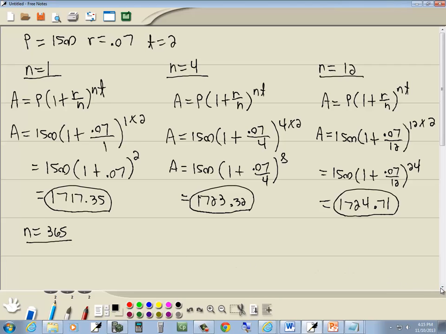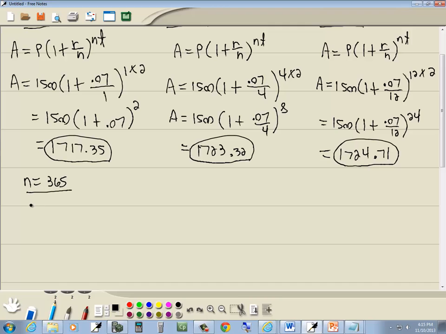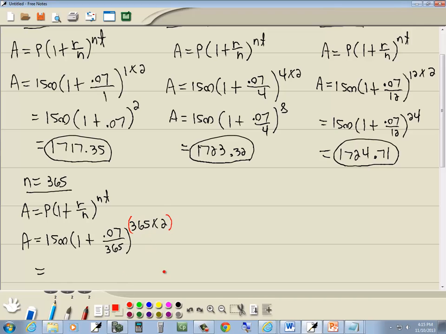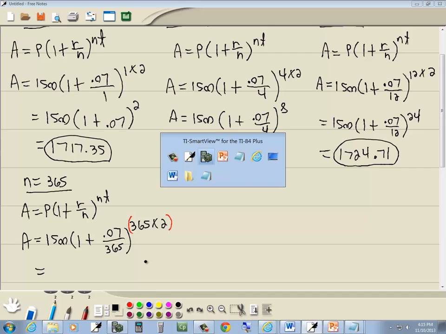Now the next one is N is equal to 365. Again, it doesn't say continuous, so we're going to use the same formula: A is equal to P times 1 plus R over N to the NT power. P we just said was 1500 times 1 plus R, which is 7%, divided by N, which is 365, raised to the NT power, which would be 365 times 2. Now, I'm going to put this one directly in my calculator, and to do that I have to put parentheses around the exponent, because anytime you have more than a single number in your exponent, you have to put parentheses around it.